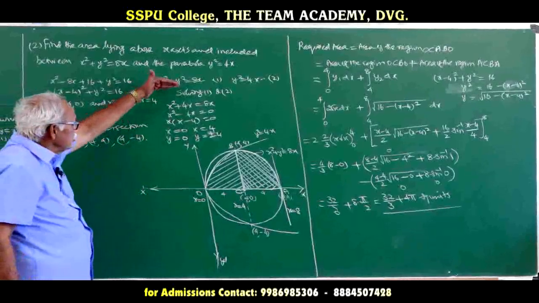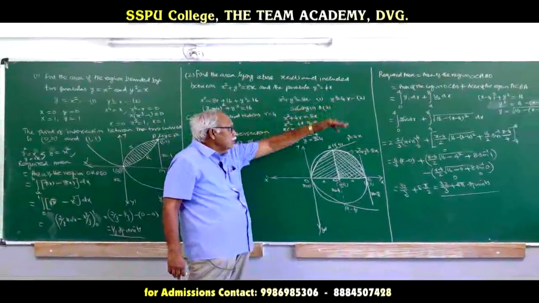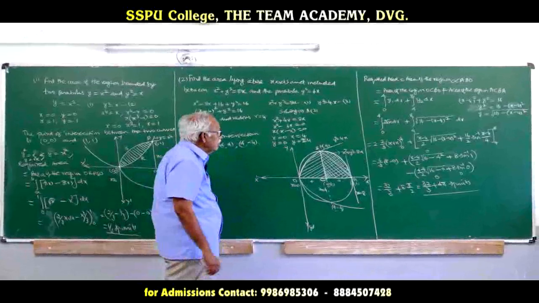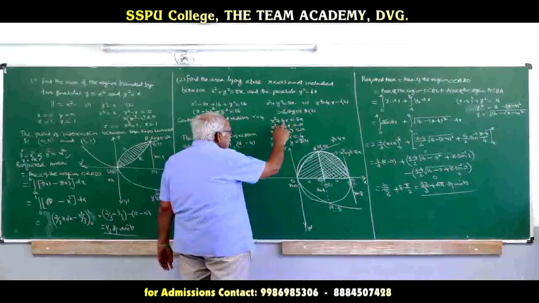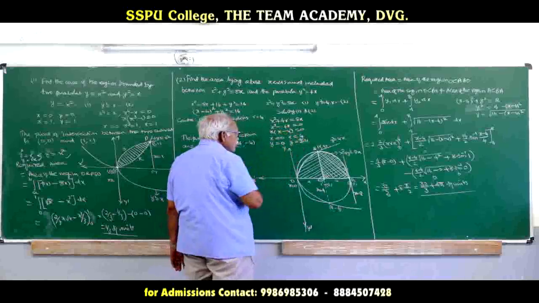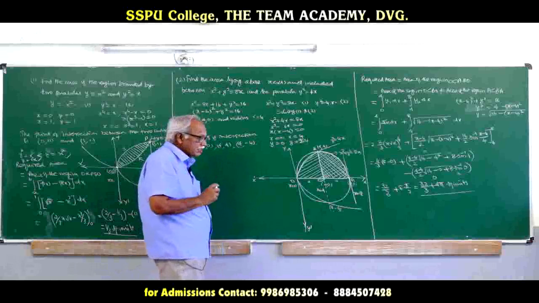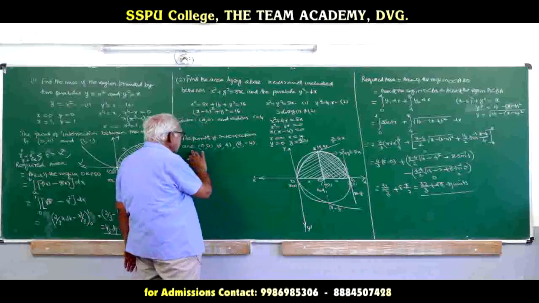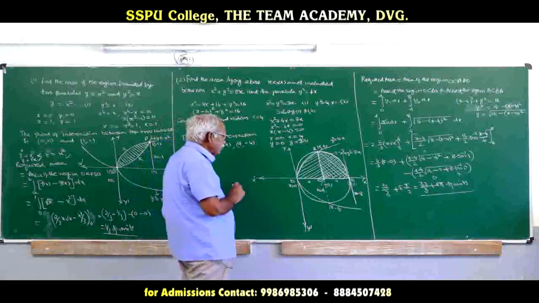Then solve the two equations, x square plus y square is equal to 8x and y square is equal to 4x. Very simple. You apply this and you will get x is equal to 0, x is equal to 4, then y is equal to 0, y is equal to plus or minus 4. Then immediately the points of intersection we get are (0, 0), (4, 4) and (4, minus 4).